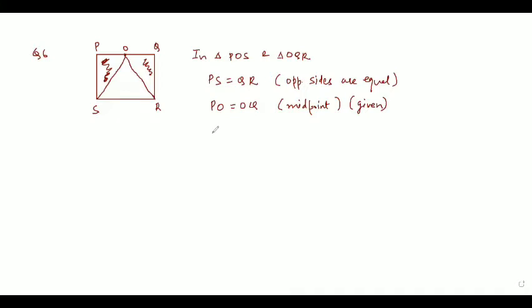And angle OPS equal to angle OQR, 90 degrees, because all the angles of a rectangle are 90 degrees.